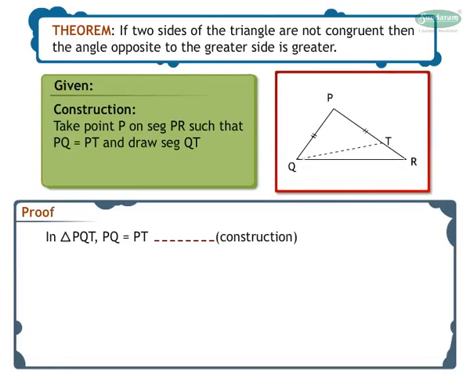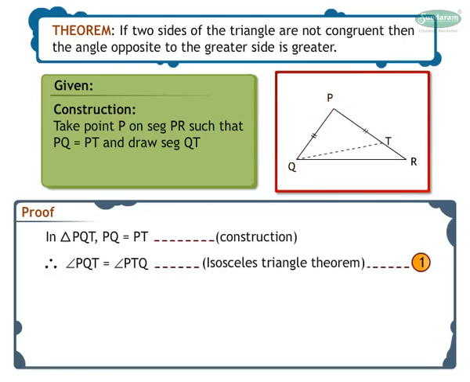According to the construction, in triangle PQT, PQ is equal to PT. Therefore, according to the isosceles triangle theorem, angle PQT is equal to angle PTQ. Let us mark it as statement 1. Now, angle PTQ is the exterior angle of triangle QTR.